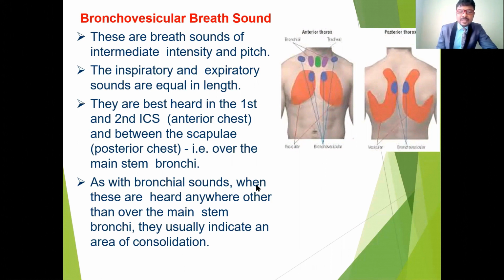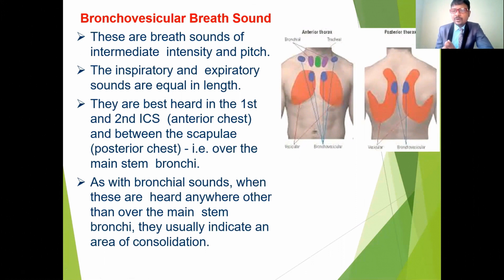With the bronchial sounds, when these sounds are heard anywhere other than over the main stem of the bronchi, it indicates an area of consolidation. Normally, as we just discussed, they are heard in the first and second intercostal spaces on the anterior chest wall and between the scapulae. That is normal. If heard at other places, it indicates lung consolidation.